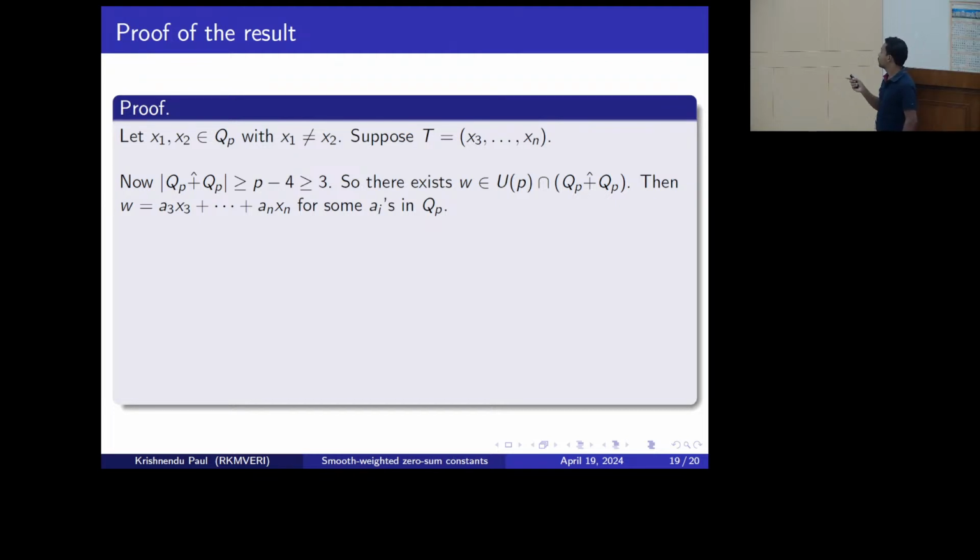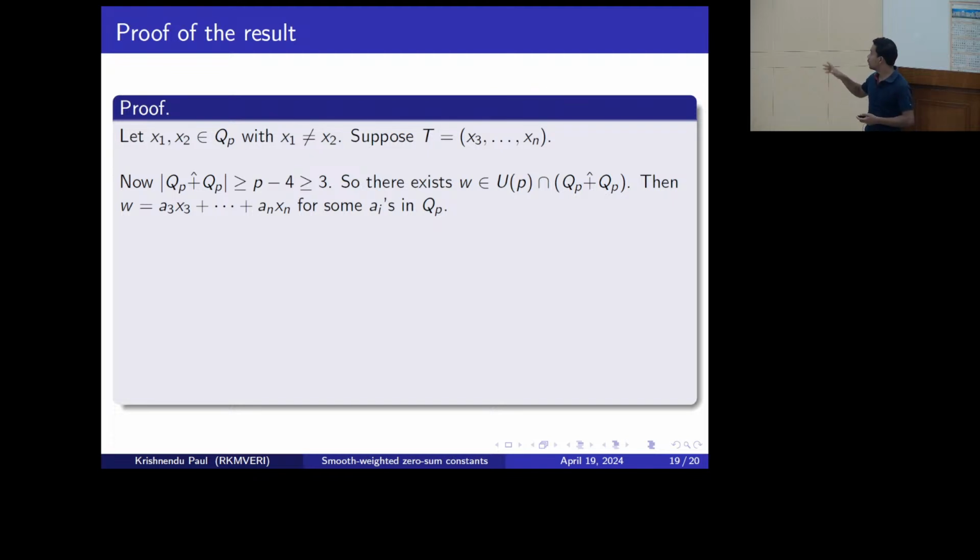There is a result I am using for the last line, that W can be written as a combination of T. There is a result that if P is at least 7 and a sequence has at least 2 non-zero terms, then the weighted sum of that sequence contains any unit, meaning whole UP is a subset of that combination. The only condition is that the sequence contains 2 non-zero terms.